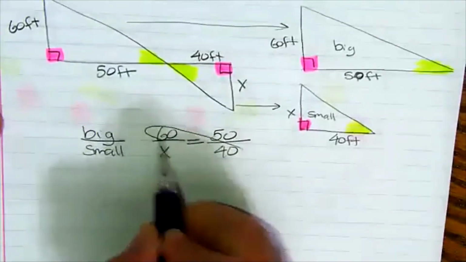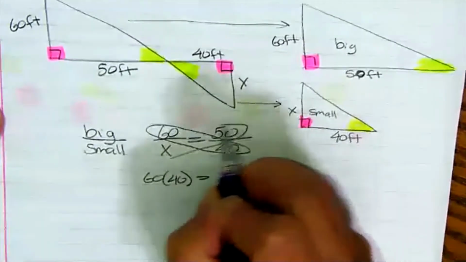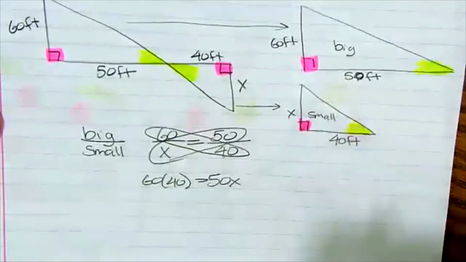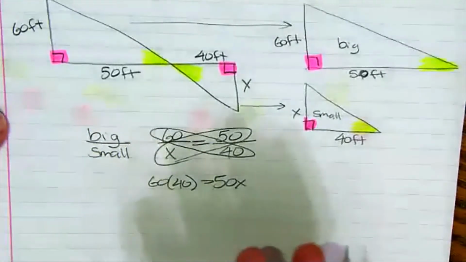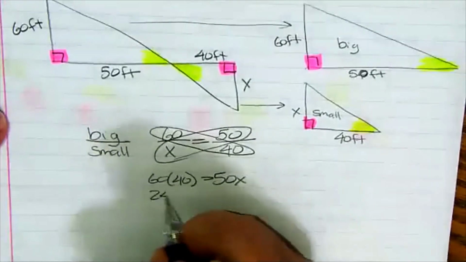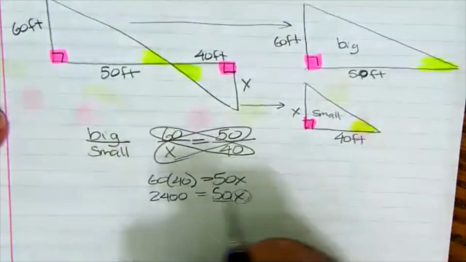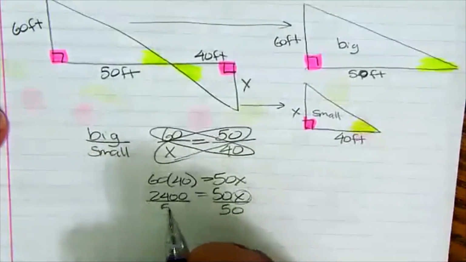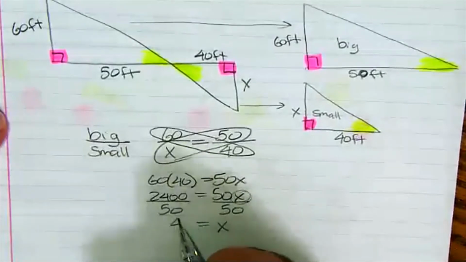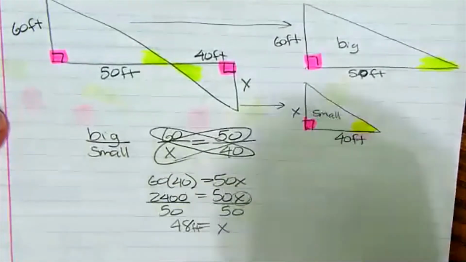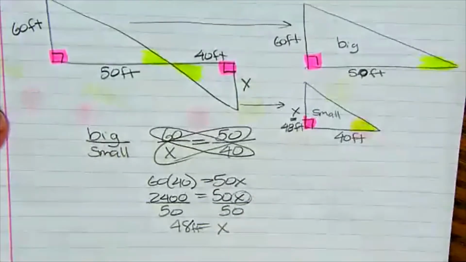We're going to cross multiply. And now this is an algebra problem that you know how to solve. I need to isolate my variable. X is equal to 48 feet. So X is equal to 48 feet.